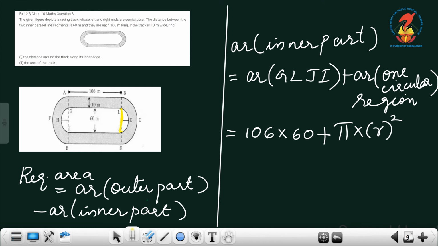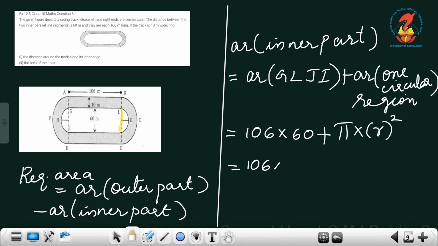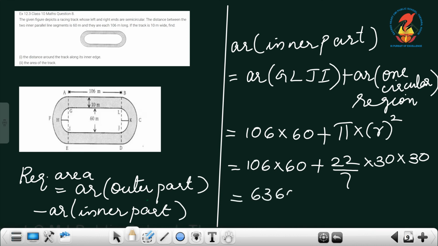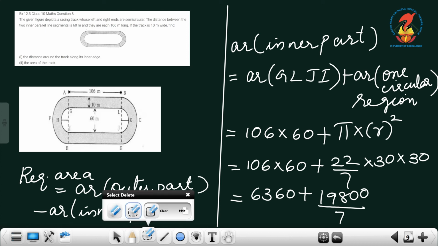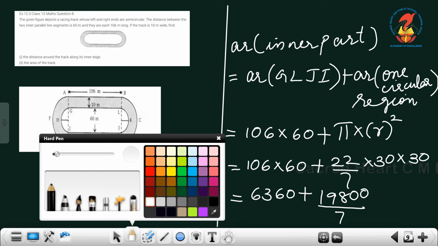So the radius is 30, which is equal to 106 into 60 plus 22 by 7 into 30 into 30, which is equal to 6,360 plus 19,800 by 7. So you have to find the difference of these two. It's already written there.